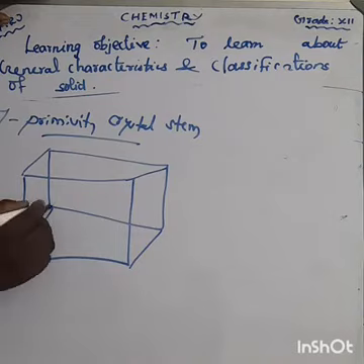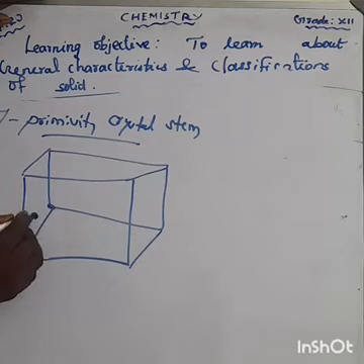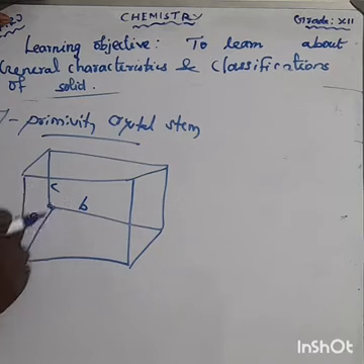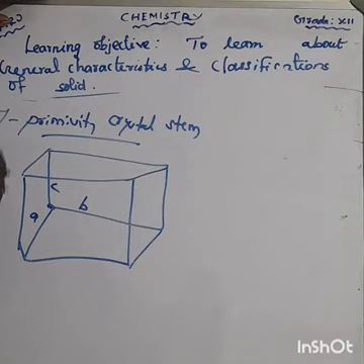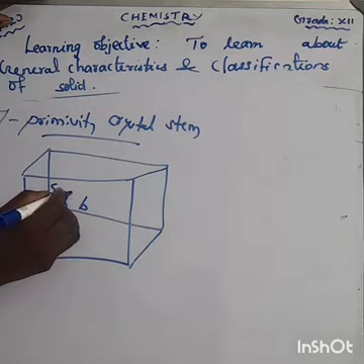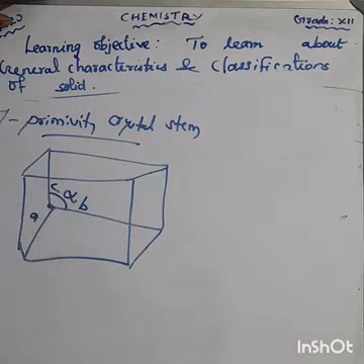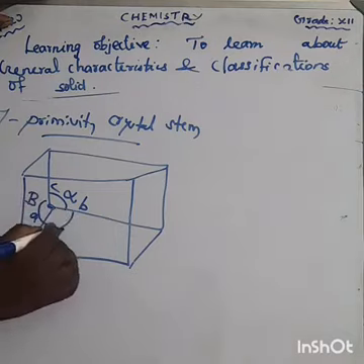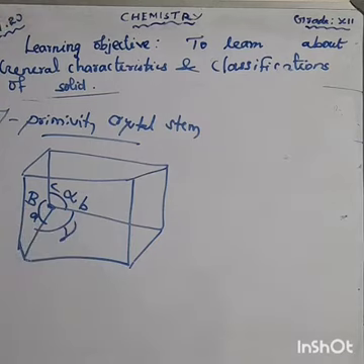This is a, this is b, and this is c. And there are angles between the edges: this angle is alpha, this is beta, and this is gamma. These are the 3 angles.